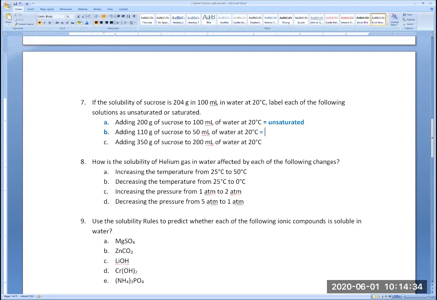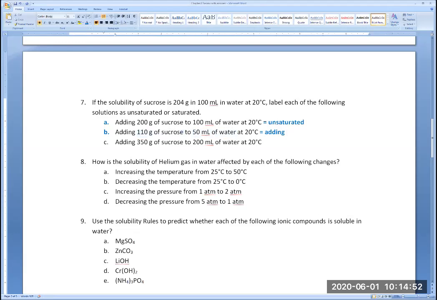Yes, so the way to see that is you multiply that 50 milliliters by 2, and so if you multiply the volume of water by 2, then you need to multiply the amount of solute you would put in there by 2.